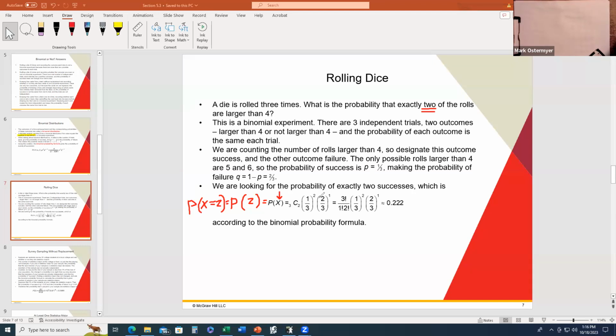You could go through all this factorial business and get on your calculator and dial this up, and you get about 0.222. So according to this calculation, there's about a 22% chance that when I roll a fair die 3 times, I will roll a face larger than 4 on 2 of the 3 rolls.